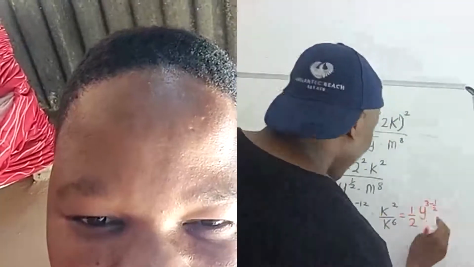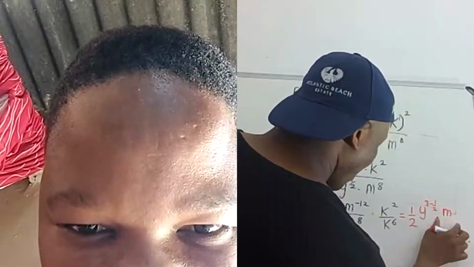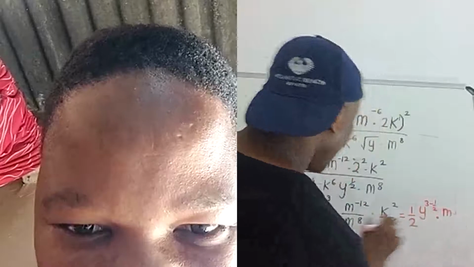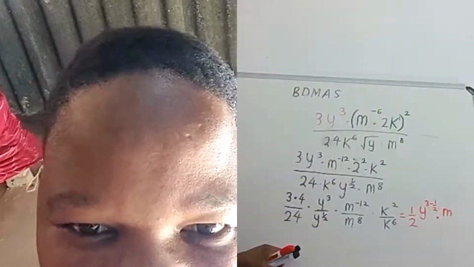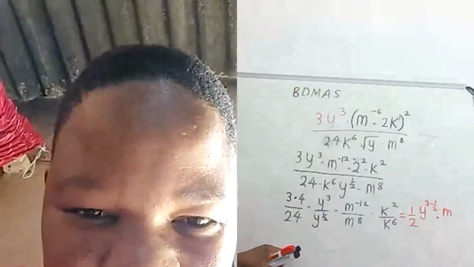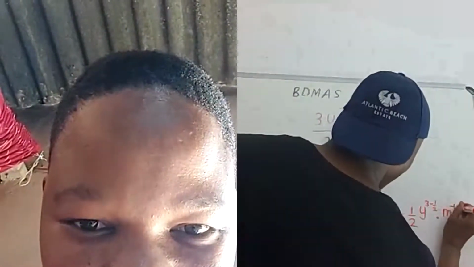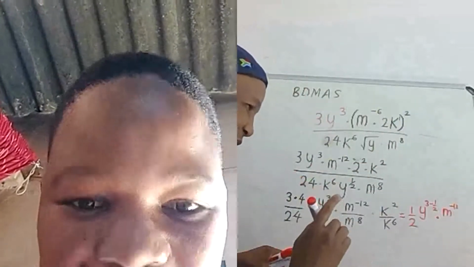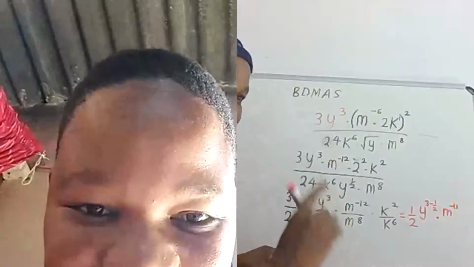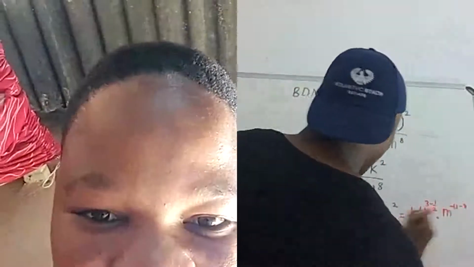m. And make sure you write it on top, like if you draw a line, it must be on top, not in the middle, on top. And then what am I going to write here? It's minus 12 minus 8. You only plus or minus if it's the power. Minus 8. And then we go for the last one.